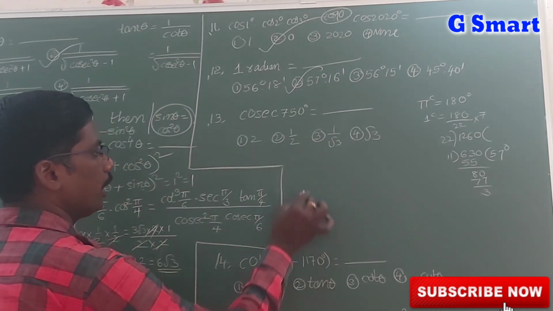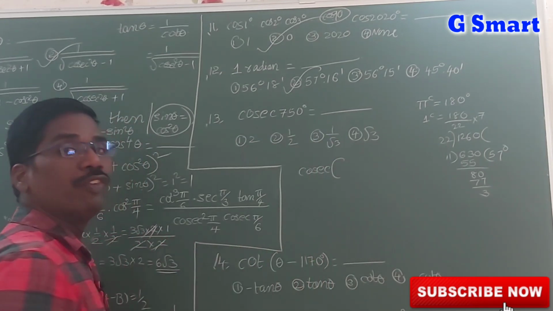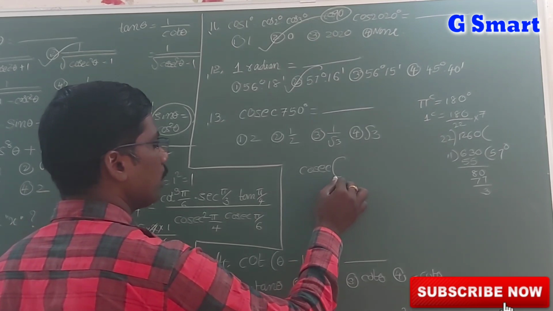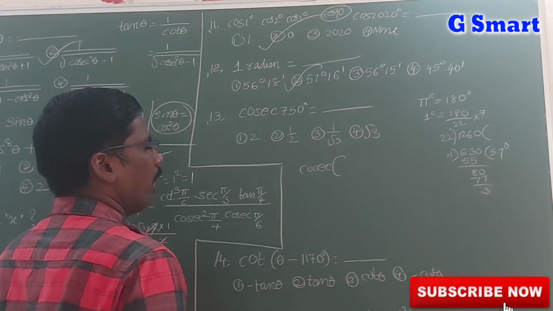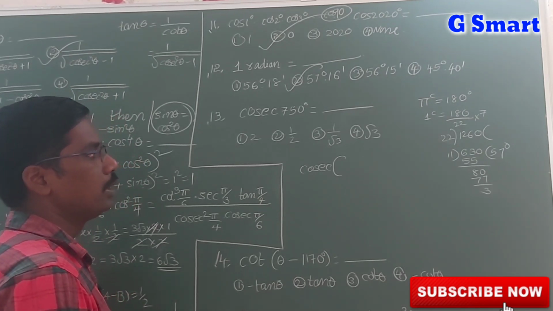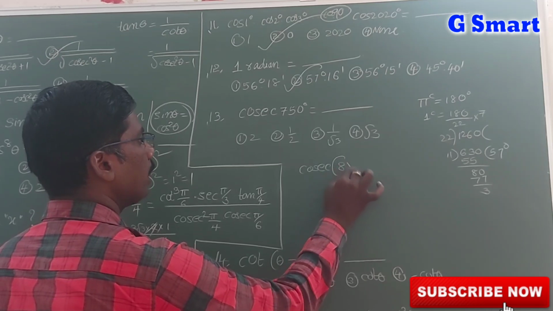Cosecant 750 degrees. See here, this 750 can be written as 720 plus 30, because 9 table 720 is there. 9 5s are 45, 9 6s are 54, 9 7s are 63, 9 8s are 72.